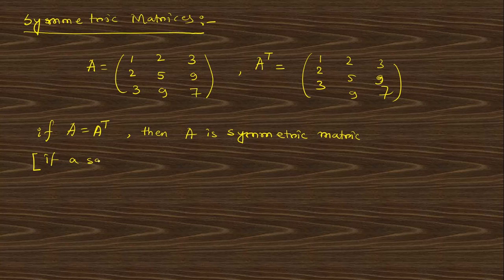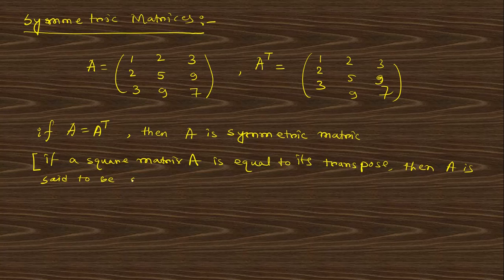If a square matrix A is equal to its transpose, then A is said to be a symmetric matrix. And skew symmetry is if A is equal to minus A transpose.